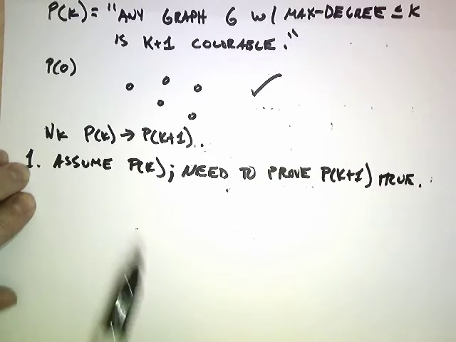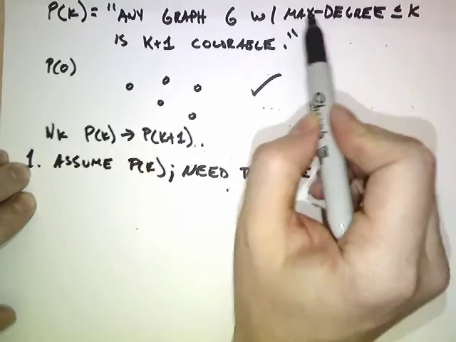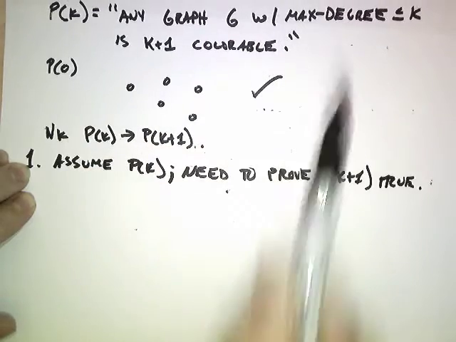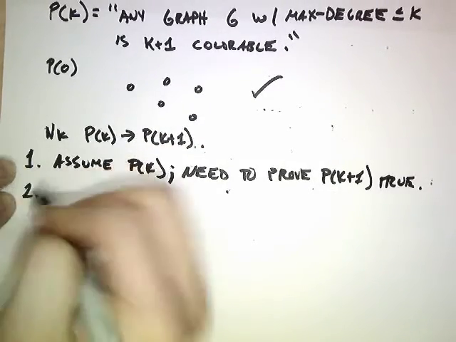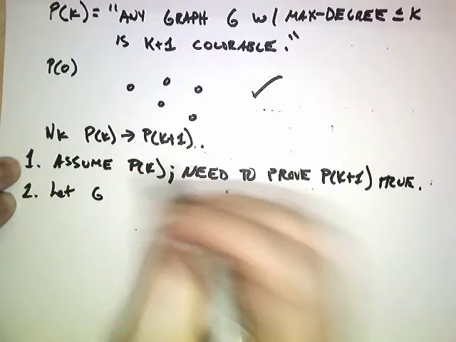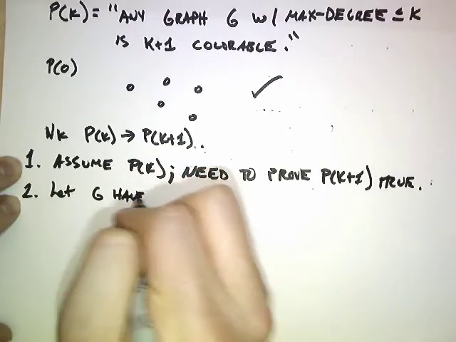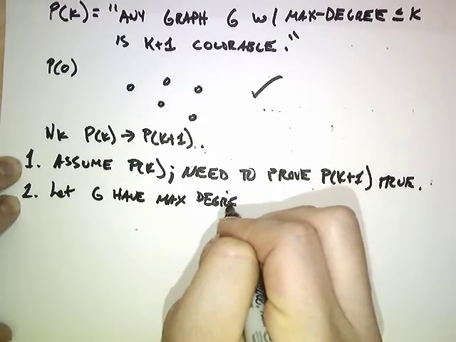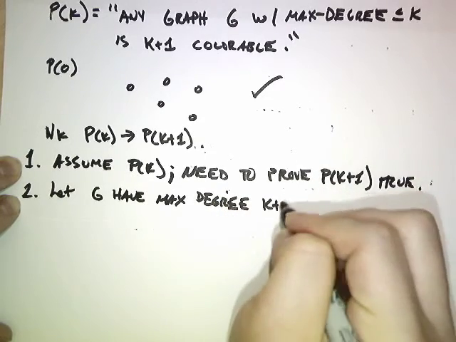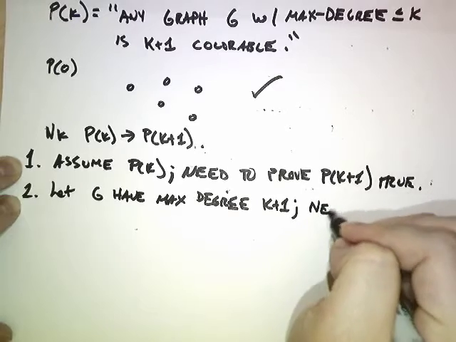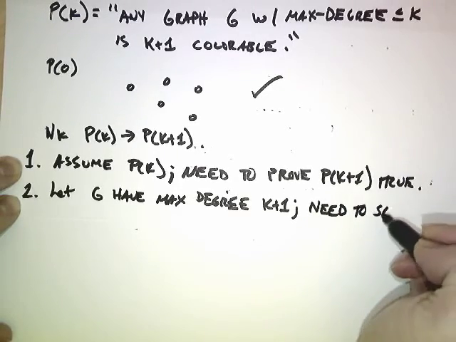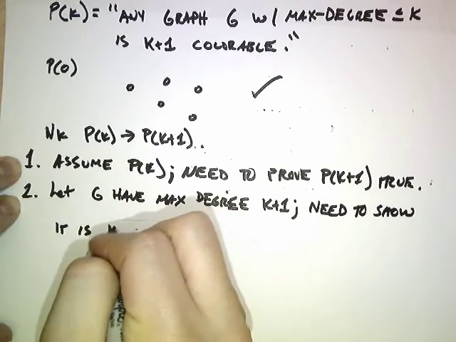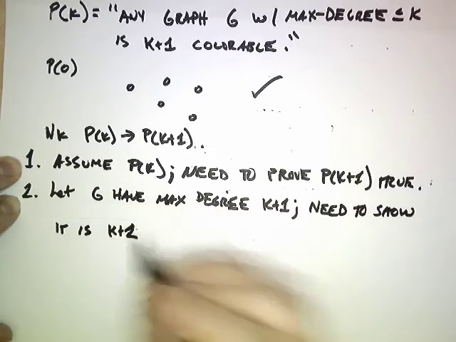So what is P of k plus 1? It says any graph G with max degree less than or equal to k plus 1 is k plus 2 colorable. Okay, so let G have max degree k plus 1, and we need to show it is k plus 2 colorable.